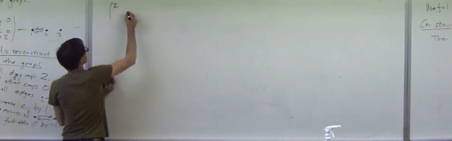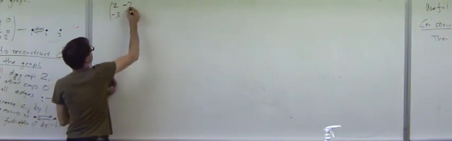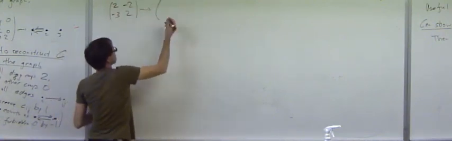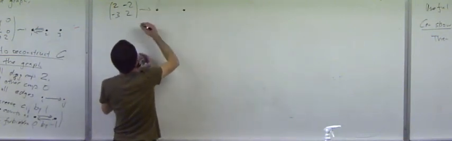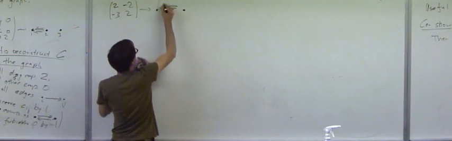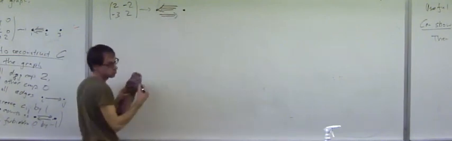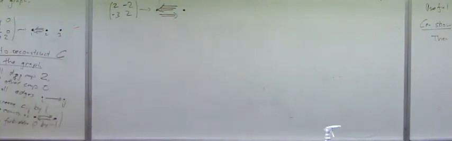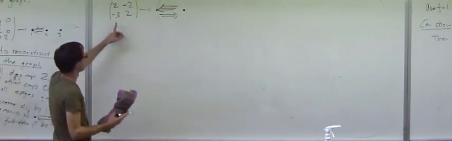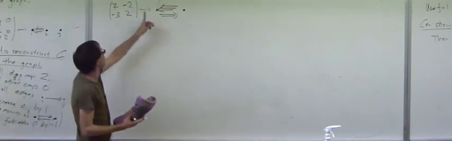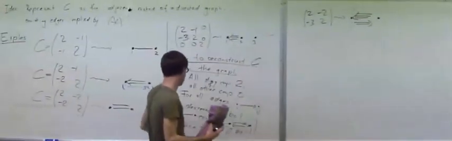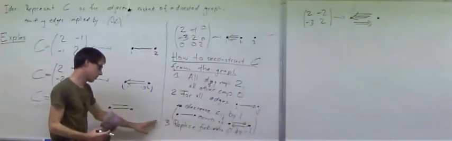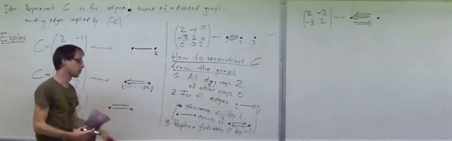So say 2, 2, -3, -2. I would denote this by, so this would be the -3, -2, and then there are no forbidden zeros left, so I don't have to do anything in this step.